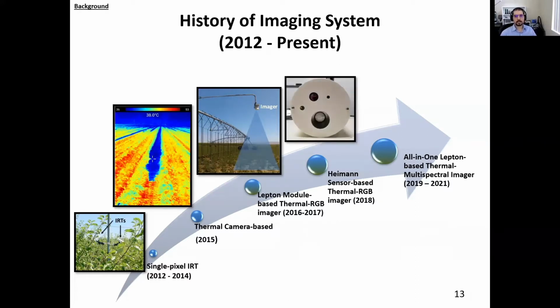Later on, I learned about other types of thermal sensors or thermal modules, and then I developed another system, again thermal RGB. I also developed a model of that, which was thermal multispectral, but this time I used another sensor called HEMA.